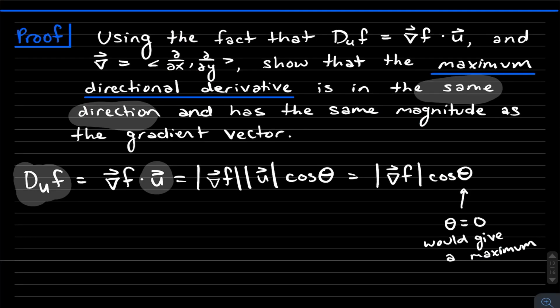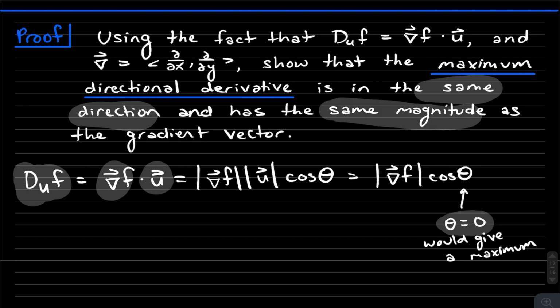Okay, and we showed that the angle between that unit vector and the gradient vector is going to be 0, which means that they point in the same exact direction. So we already see that they do point in the same direction. What about, do they have the same magnitude? Well, if cosine theta gives 1, that goes away, and really this is just equal to the magnitude of the gradient of f at a max.